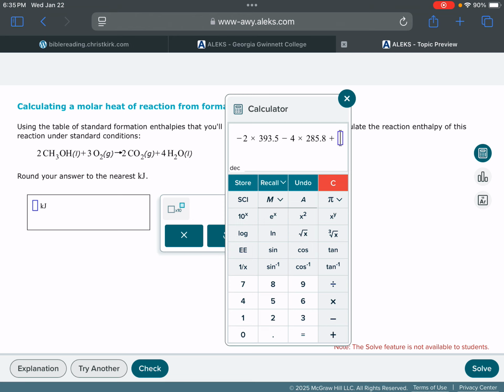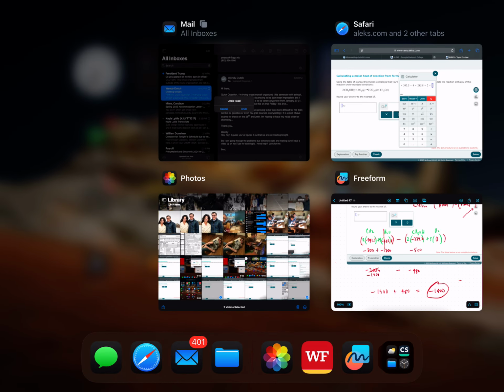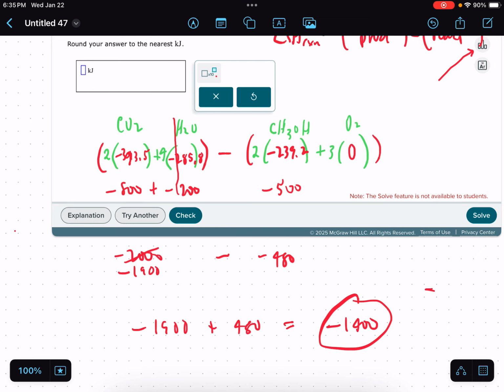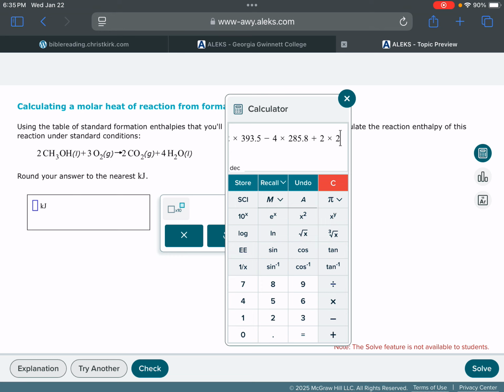So it's going to be plus, or rather, not carbon dioxide, methanol, CH3OH. 2 times, and what was methanol? I don't remember. Methanol was 239.2. Okay, now just to be clear, I had a couple minuses in there, and those two minuses went together to make that plus 2 times 239.2.